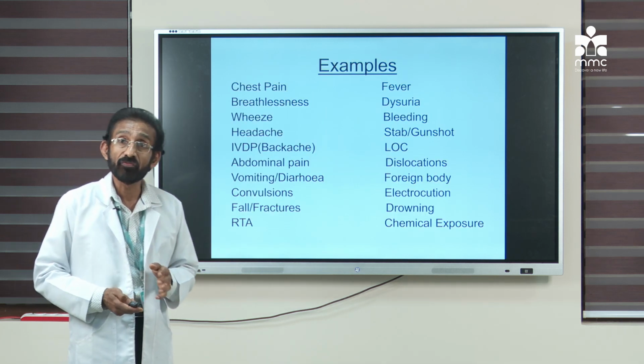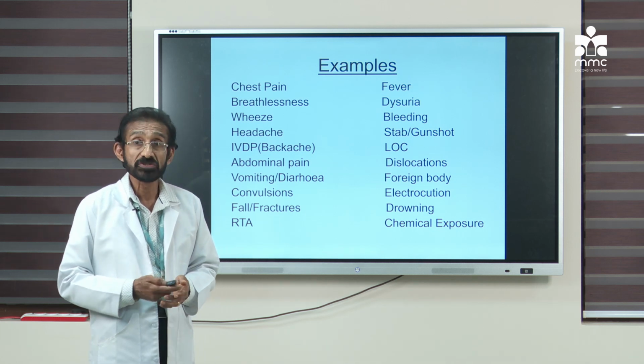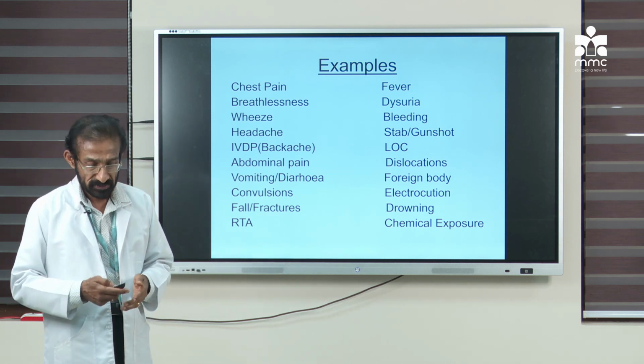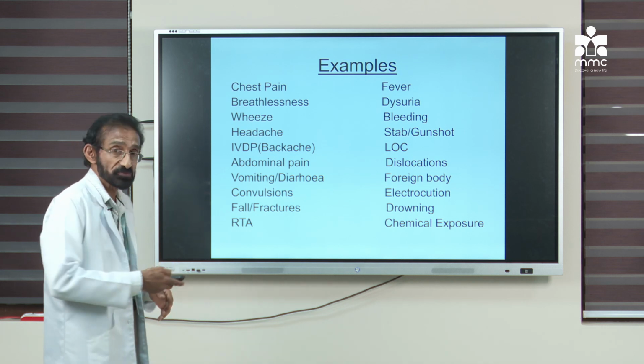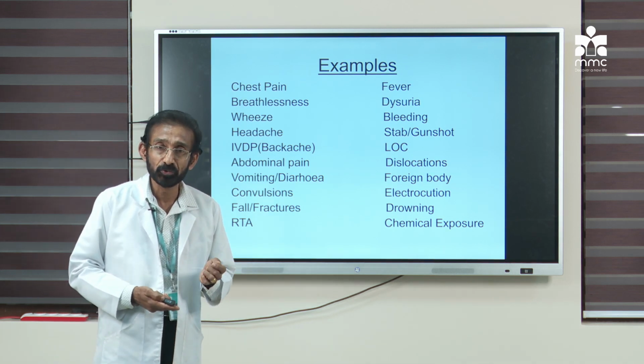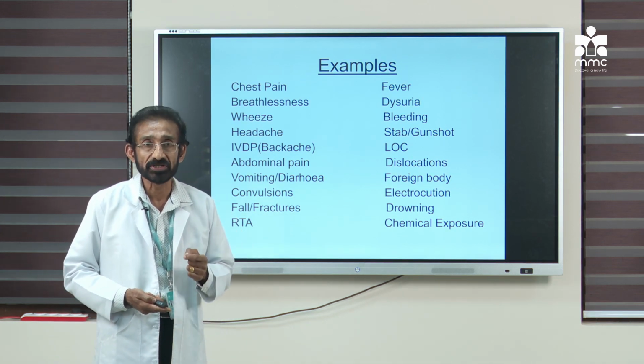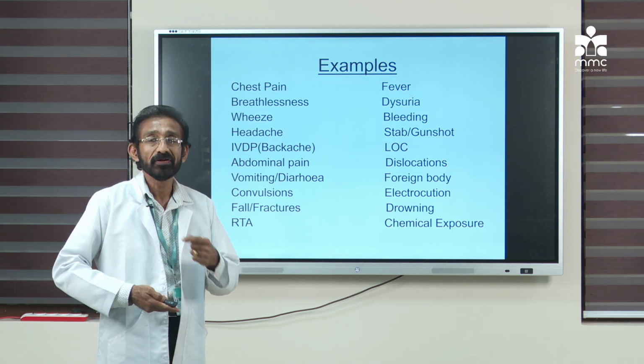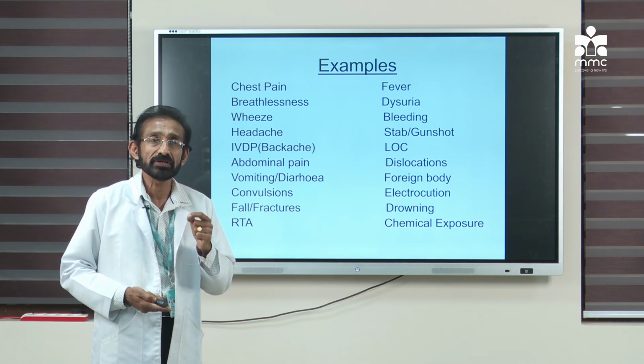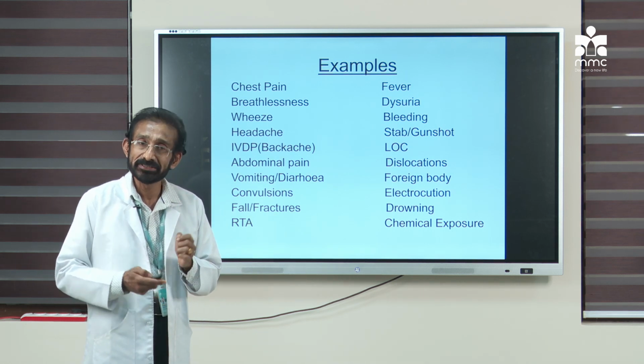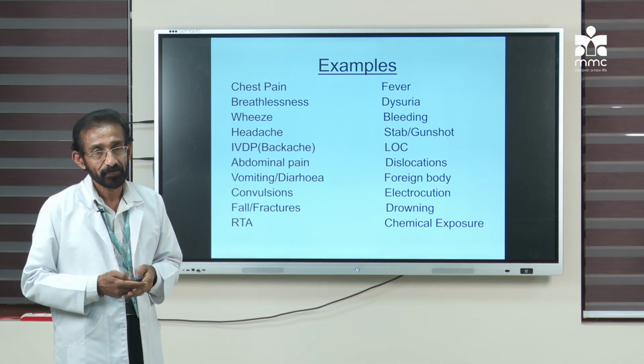Now, an example of an illness which may become severe is, for example, chest pain. A chest pain could be due to even a herpes zoster occurring over your chest, which can lead to excruciating pain, and it is not a medical emergency.